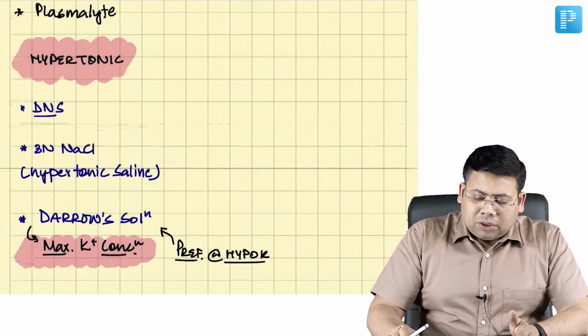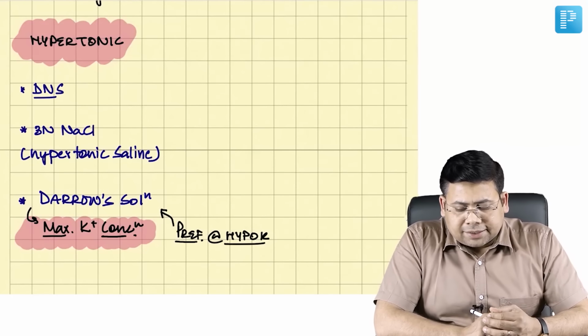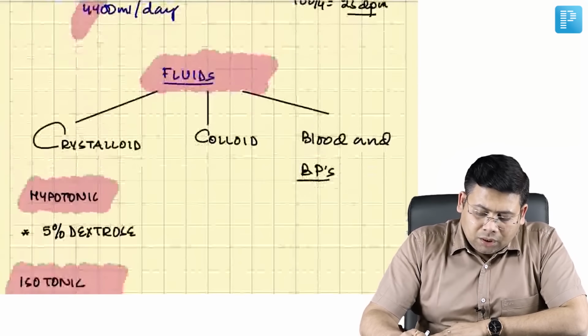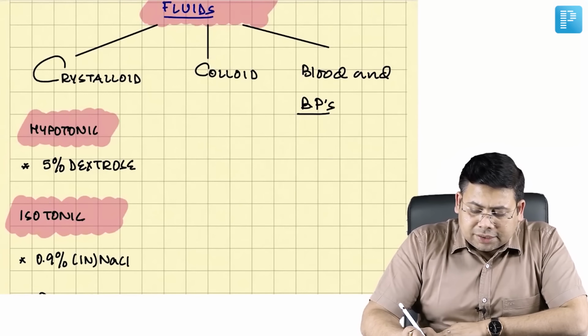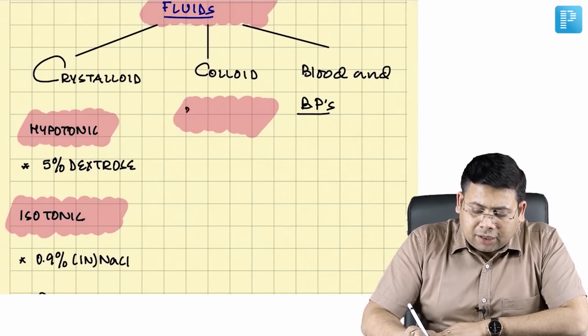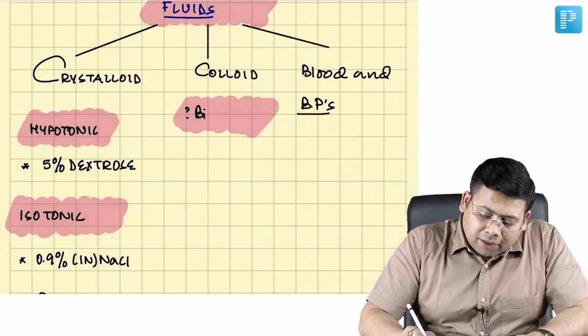Now if you talk about the concept of colloids, let us see them also. Colloids. Now what are colloids? The only thing that you should know is they are bioengineered heavy protein molecules.